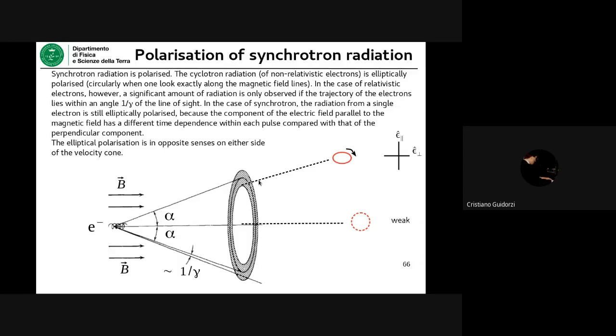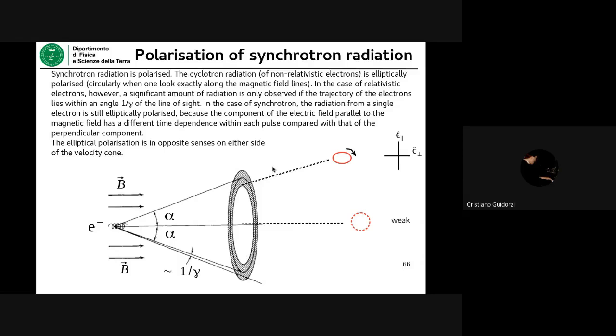Now here you have three different cases, depending on whether you are slightly within, towards the inner part. So let's suppose you are here, but the line of sight doesn't lie exactly on the velocity cone surface, just slightly inward.